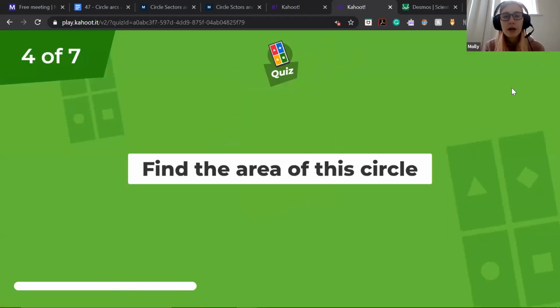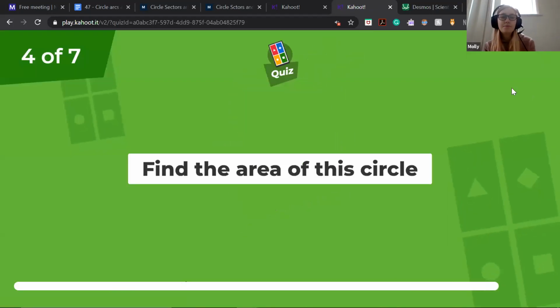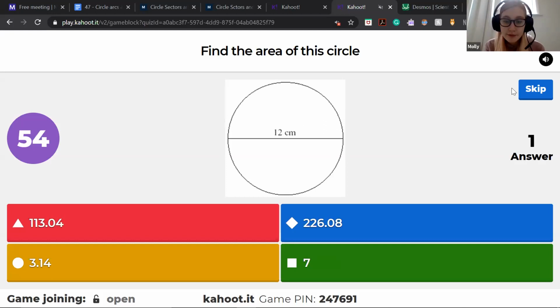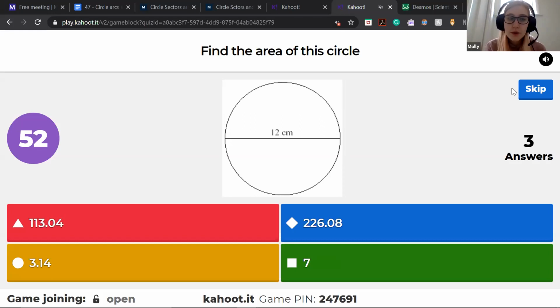Okay, an area question this time. And we're given the diameter is 12 centimeters. So think about what you'll need to do to that before you can do anything else.